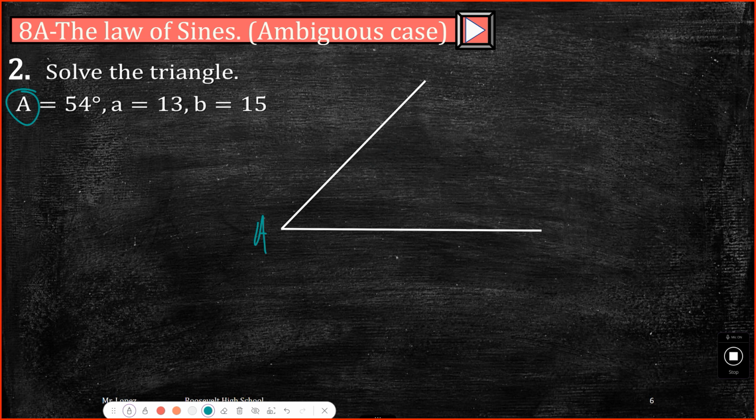Capital A is 54 degrees, and opposite of A is 13. So I decided to draw it like this, where I can connect those and make that equal 13 here.